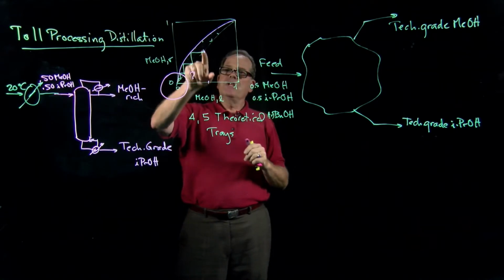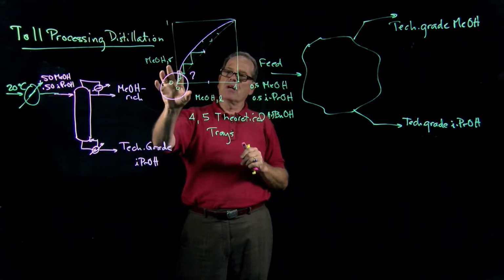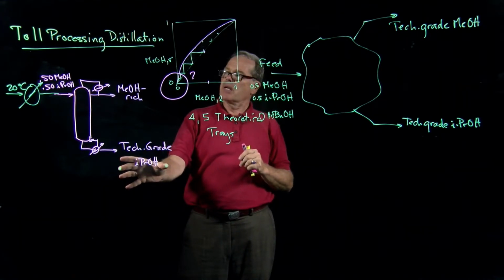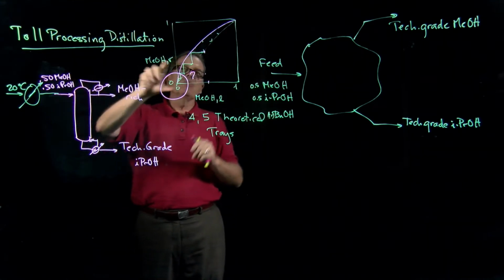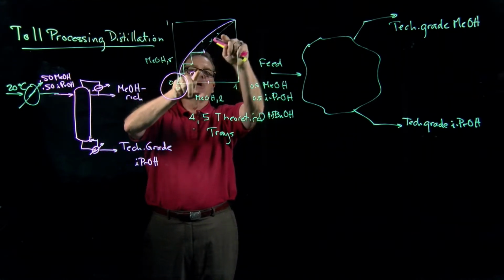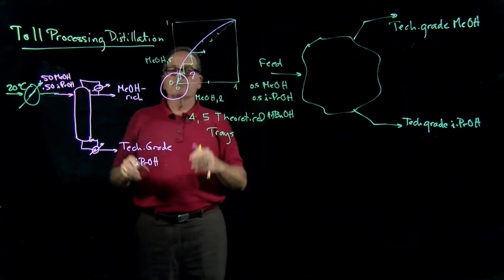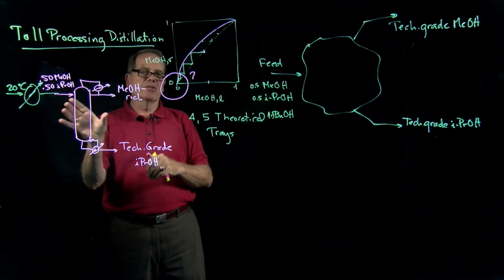I'm going to try to feed in the middle, and then I'm going to try to put all my attention down here at the bottom of the column to make a fairly pure isopropanol product. And so the normal things that I would do, which do very well if I'm feeding someplace in the middle of the process column, do not really apply very well here.